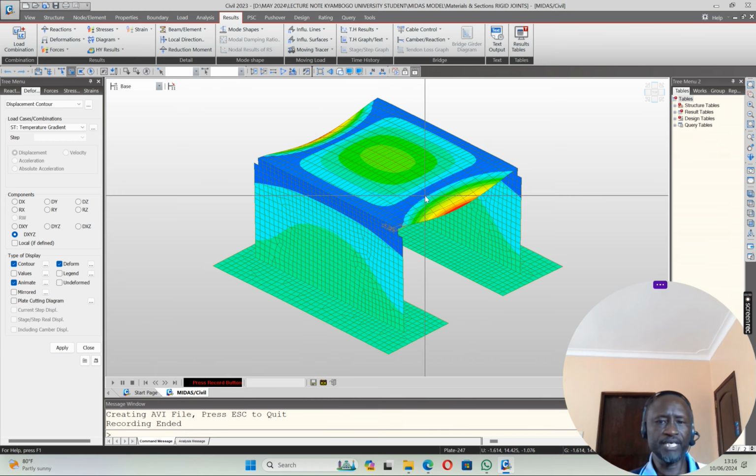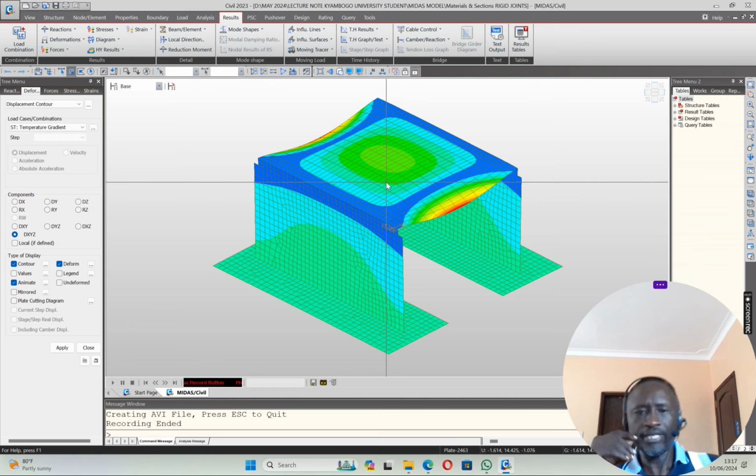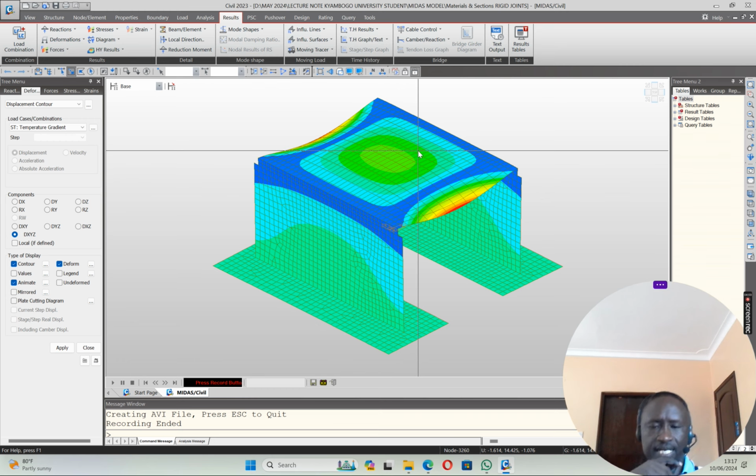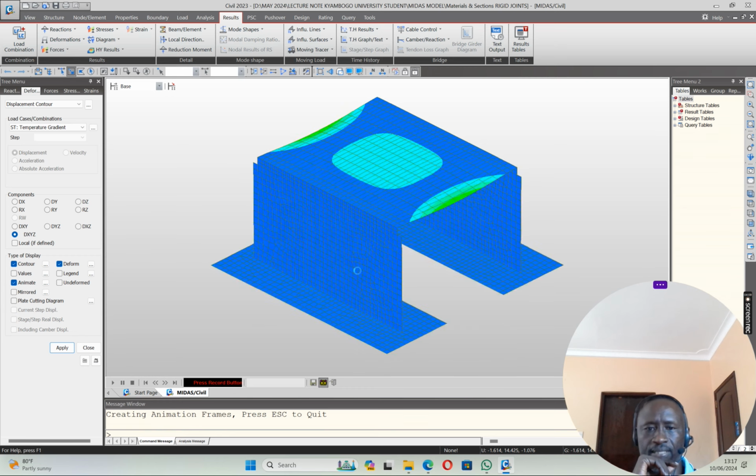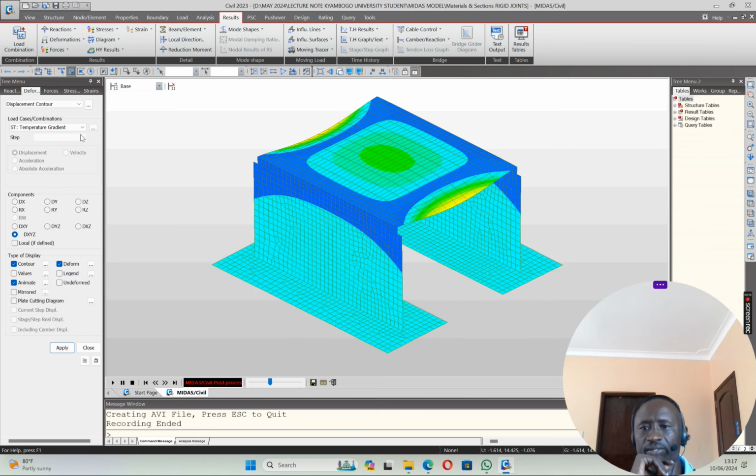For those of you who do design of the two-way slab, that is where you call free edge and rigidly connected ends. So this is how you look at the behavior of the rigid connection.